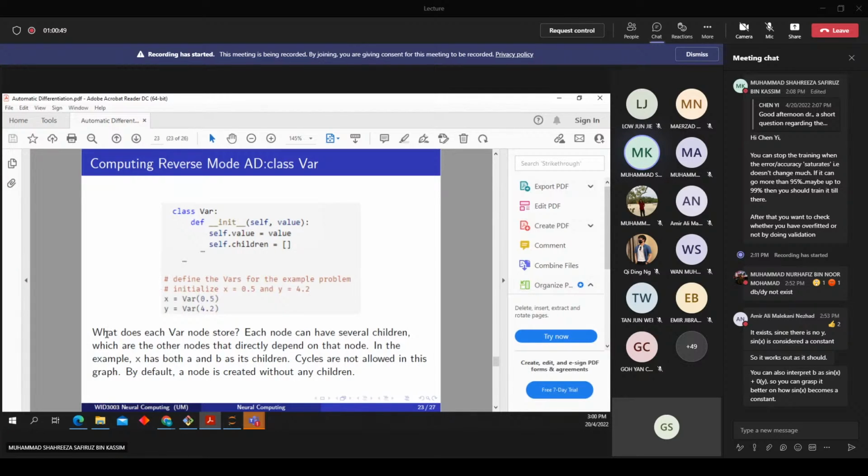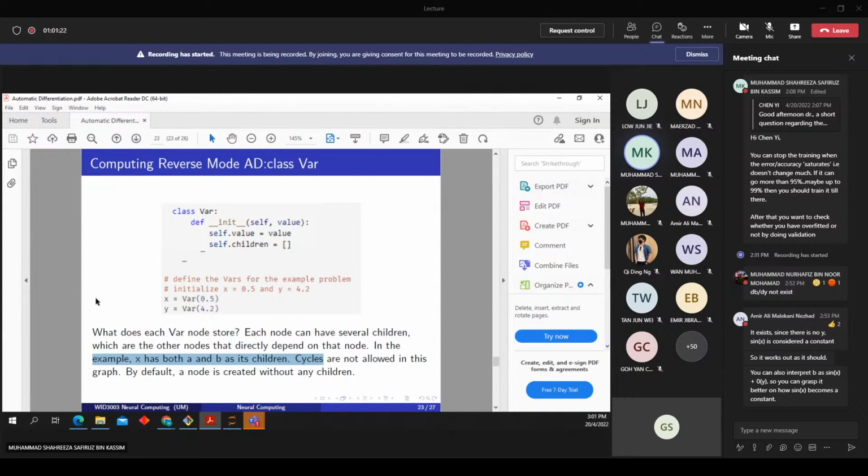So what does each Var node store? Each node can have several children. In the example, X has both A and B as its children. Cycles are not allowed, of course, in this graph. And fortunately, in neural networks, aside from recurrent ones, in most cases, for example multi-layer perceptrons, the network has no cycles.